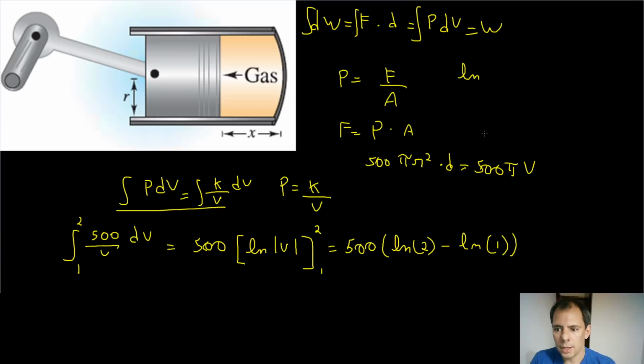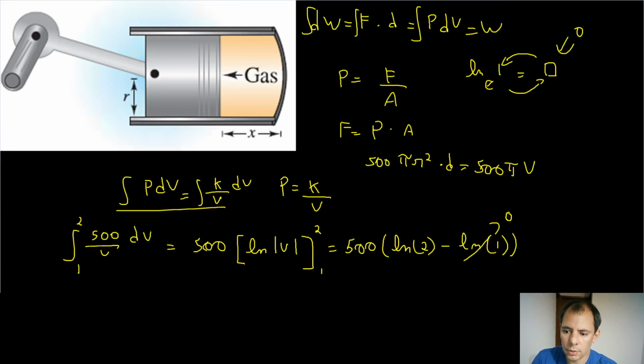Another way of thinking about this is what is the ln of 1? ln of 1 means that e is being elevated to something that makes it 1. So this has to be 0.